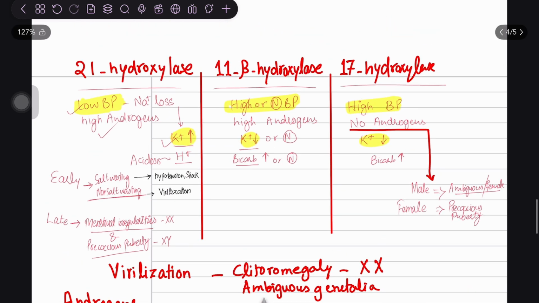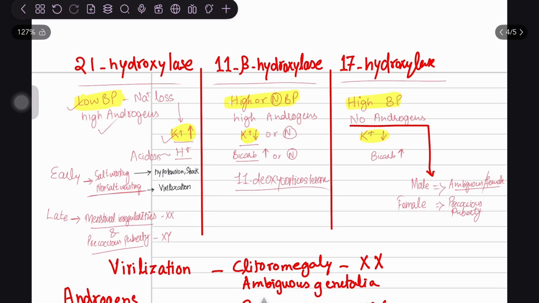11 beta hydroxylase: high or normal BP, because it has a precursor, 11-deoxycorticosterone. Remember this, guys. This is very high yield information I'm giving you.